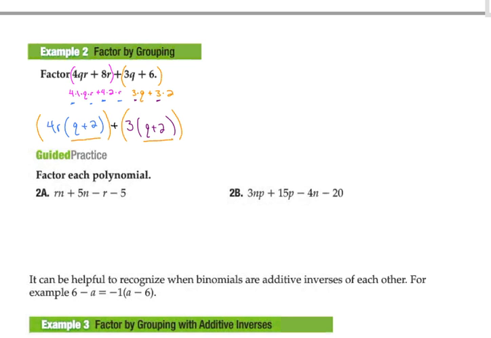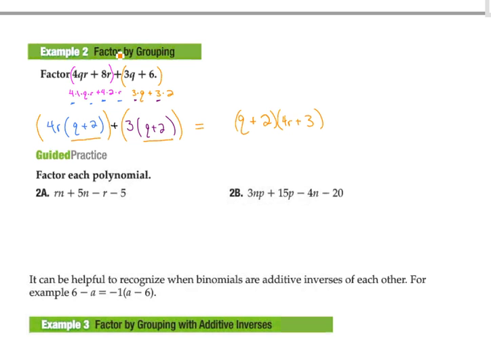So what we are going to do is distribute out a Q plus 2. We are going to say that they have the factor Q plus 2 in common. And we are going to multiply that by the factors that were left over, which are 4R and a positive 3. How crazy is that?